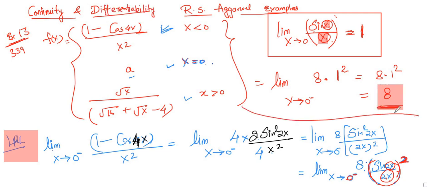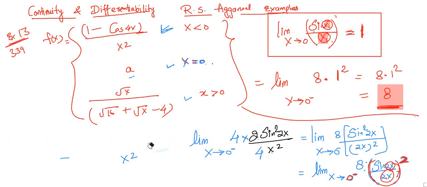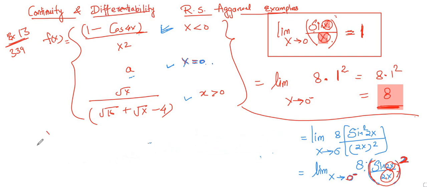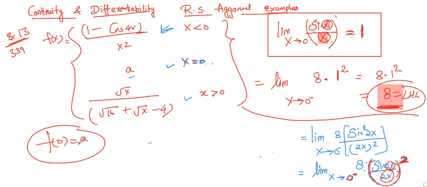And what was the functional value? If I go back and check, the functional value f(0) was a, correct? So LHL is 8 and the functional value is a. So can I say that f(0) is equal to LHL?